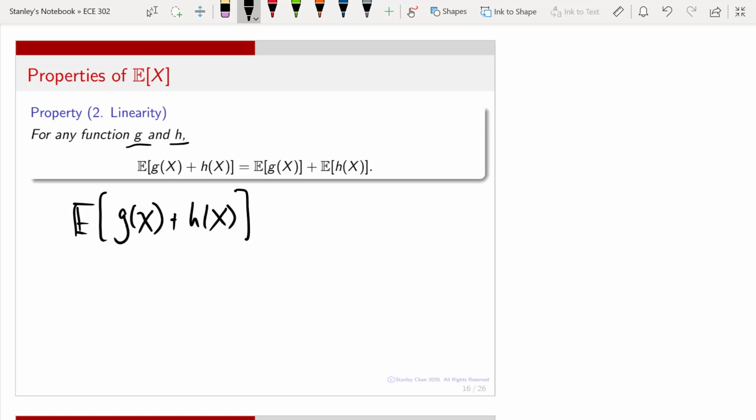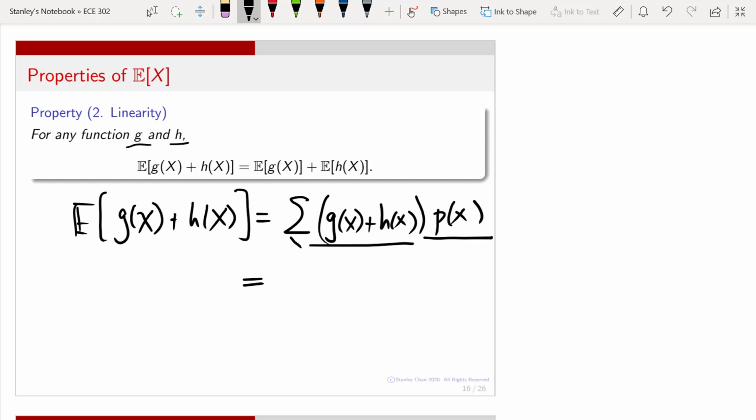Here is your g(x) plus h(x), and this is the summation of g(x) plus h(x) times p(x). This is your probability mass function. This is your state. And here, since you have a summation inside, adding h and g, this can actually be broken down into two halves.